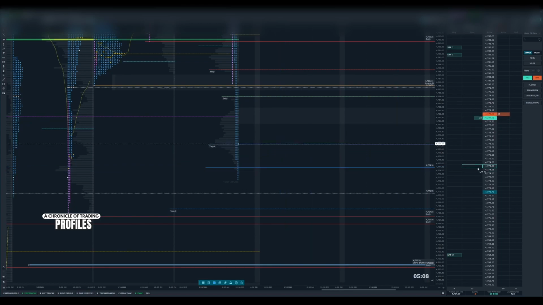Right here's the 40 ticks, but you can see how this is struggling to get through here.